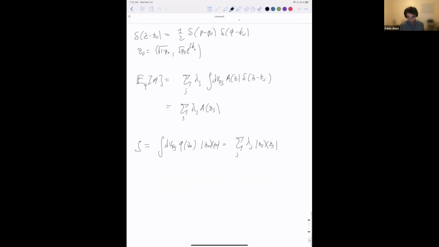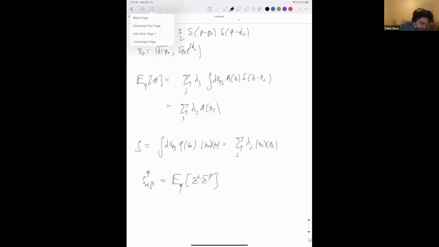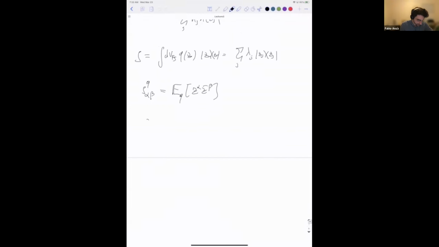So the general rule, if one wants to be explicit in the homogeneous coordinate system, is that rho alpha beta is the expectation value for the state q, so rho alpha beta q, the one that comes from the geometric quantum state q, of z alpha z bar beta. And so, for example, let me give you a concrete example for the case of a single qubit.